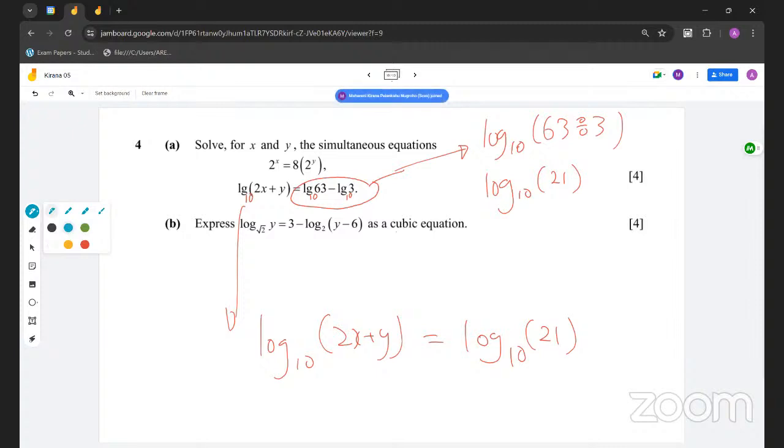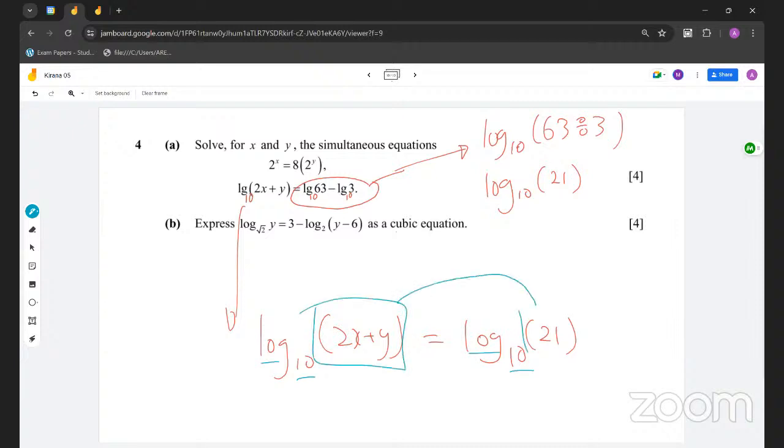No. I will show you. Now at least there's logic. Look, on the left is logarithm base 10. On the right also logarithm base 10. By logic, the inside must be the same one. This, by logic, must be the same as that. Do you understand what I'm saying?